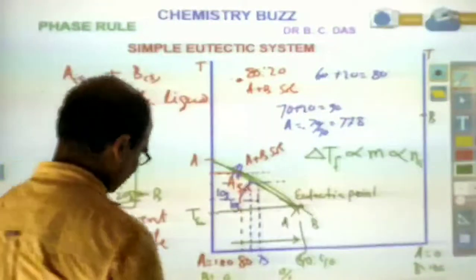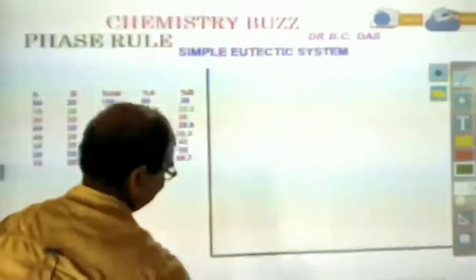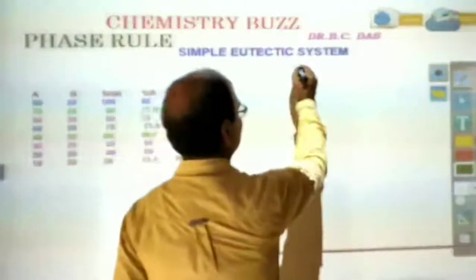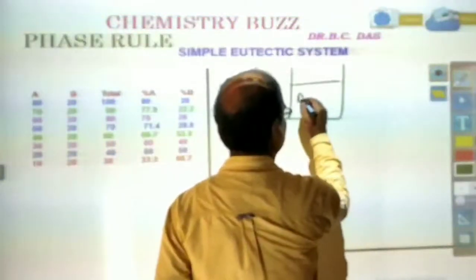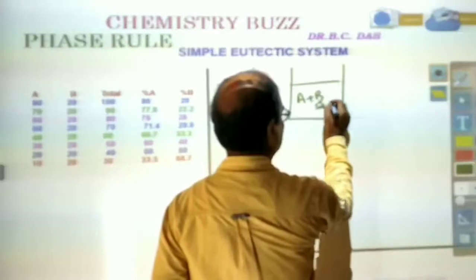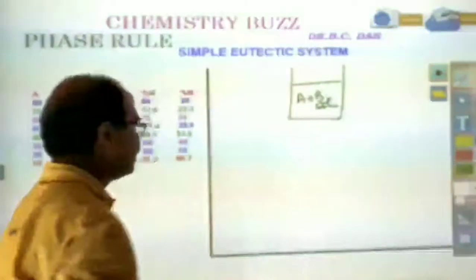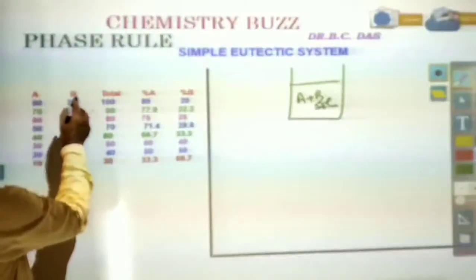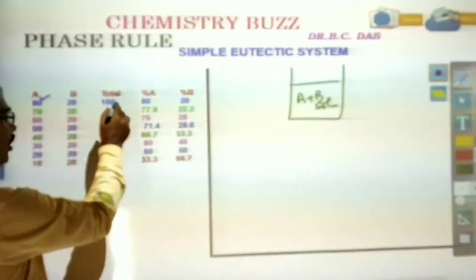Okay, so let us consider again briefly. We have taken in the container this AB solution. We have taken this amount of A, 80 gram, and amount of B, 20 gram, so the total weight becomes 100.